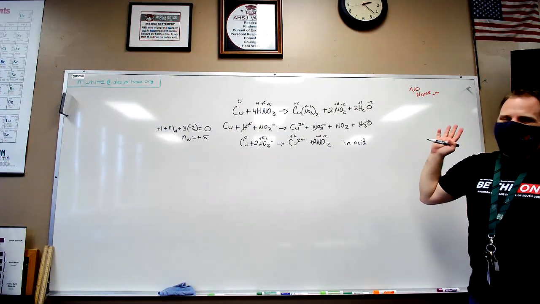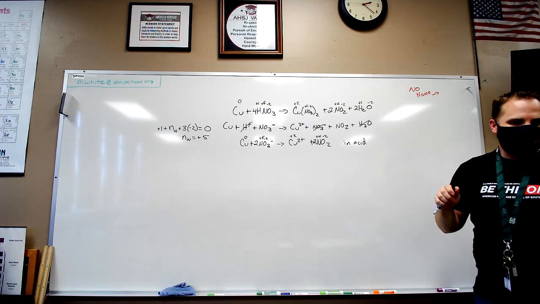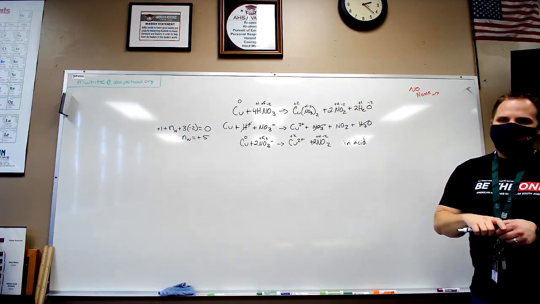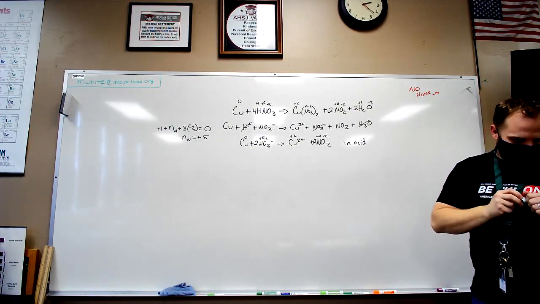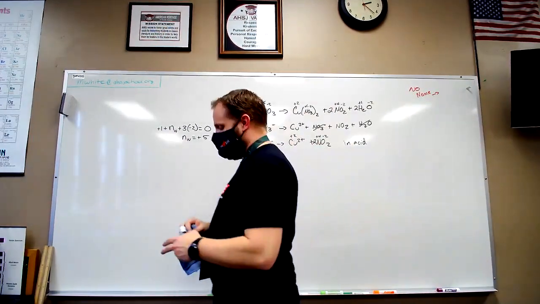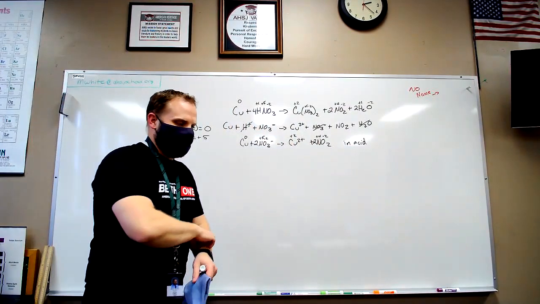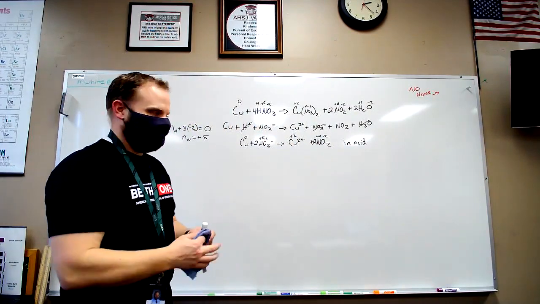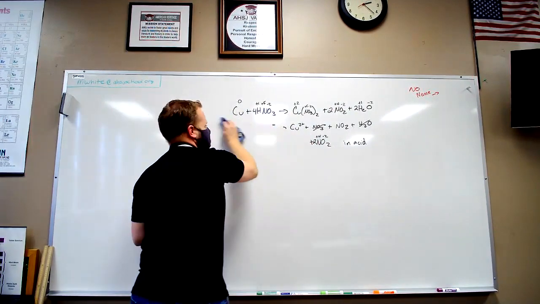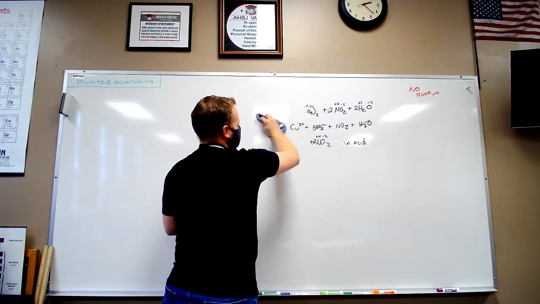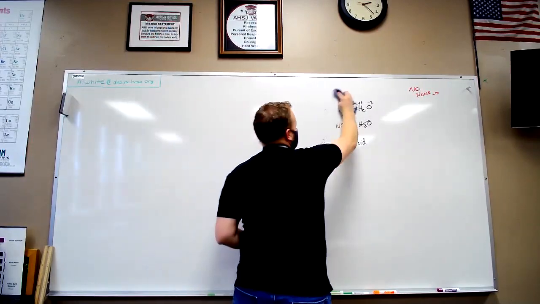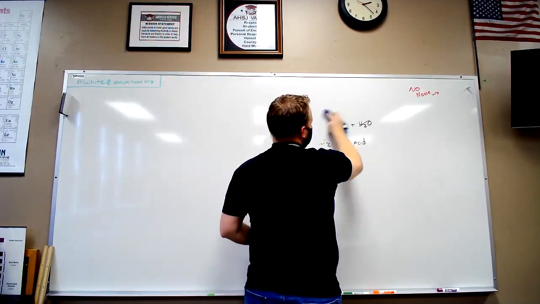I'll be honest, I don't love the oxidation number method. It is useful, but I actually prefer doing this other method, which is called half reactions. So let's look at that. Now, I prefer it. That doesn't mean you will. On your homework, you're going to have to do both.